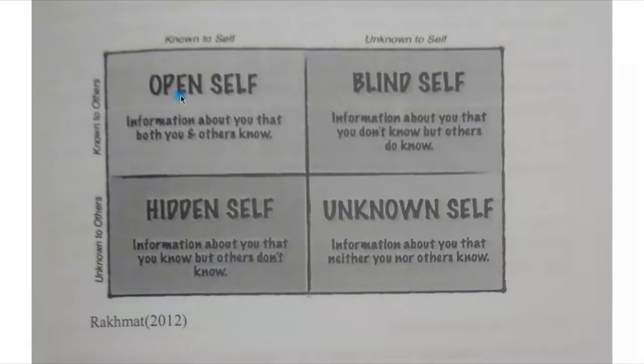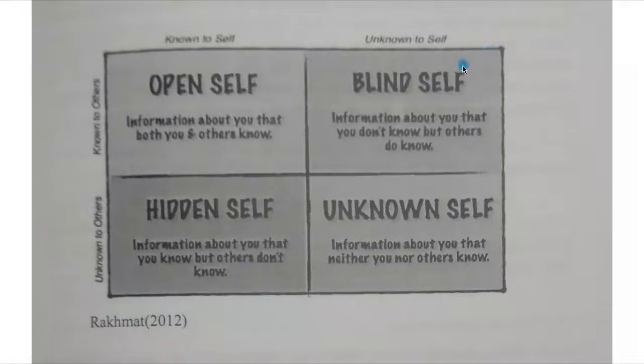For example, you are a very cheerful person and other people know that, but inside your mind you're very emotional. Other people don't know that, but you know exactly what is inside your heart. That's why it's called hidden self.